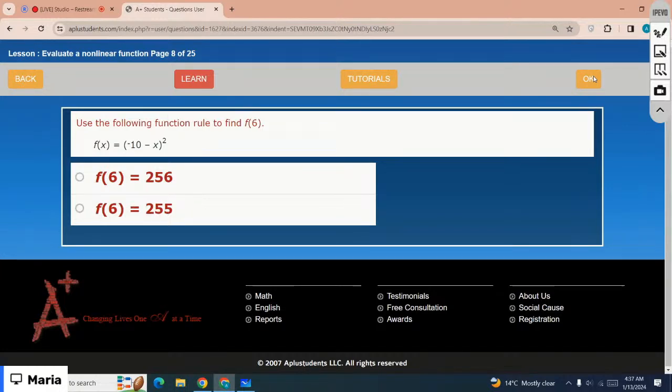Use the following function rule to evaluate f of 6. So which is the correct option? Yes, that is 256.